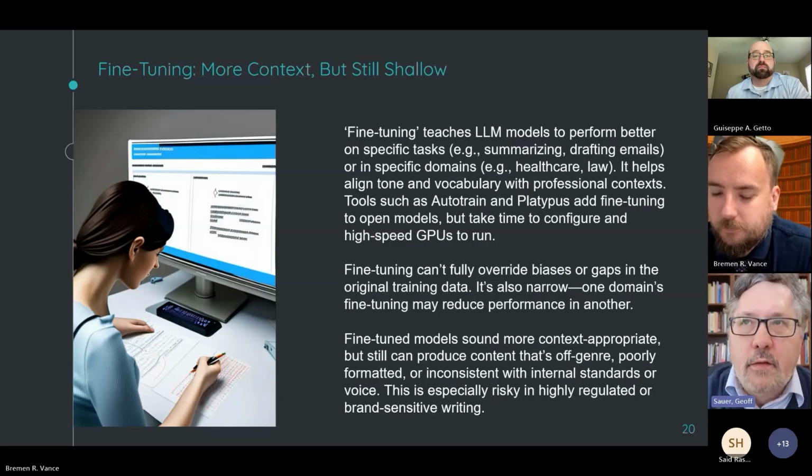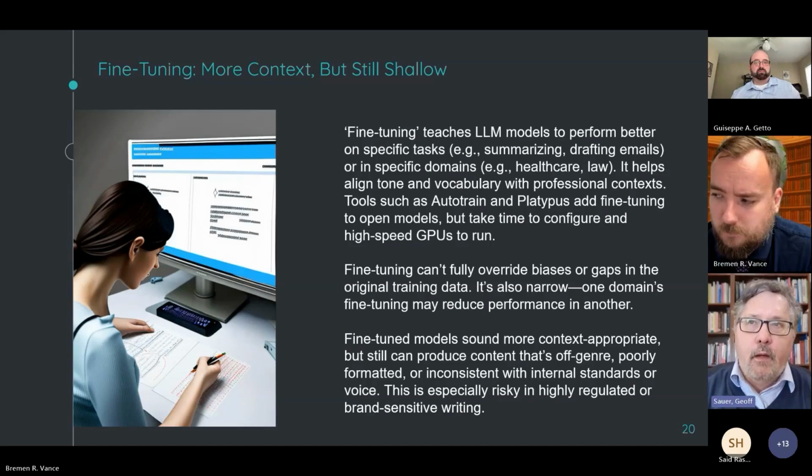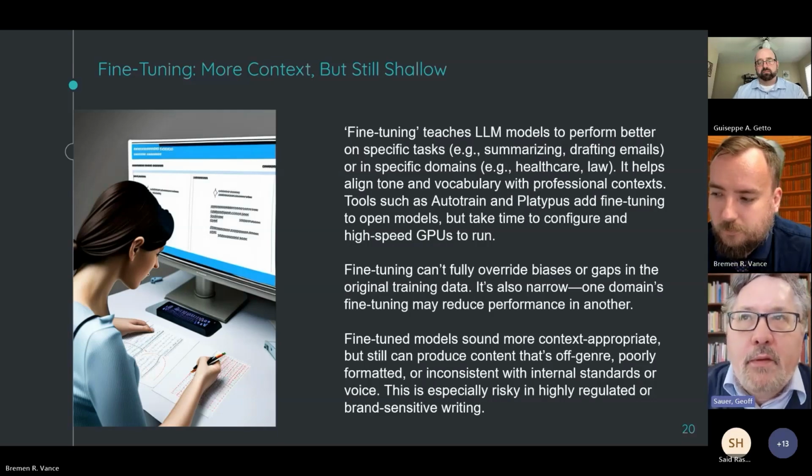So legal writing, for instance, if you had lots of examples from a lot of legal scholarship and legal documents, you may significantly increase a database's ability to write and to understand, to the extent that it does, legal writing through fine-tuning. The advantage of fine-tuning is that it doesn't take more high-speed memory in order to run. I've been looking at programs like AutoTrain and Platypus to modify some of the existing LLMs.